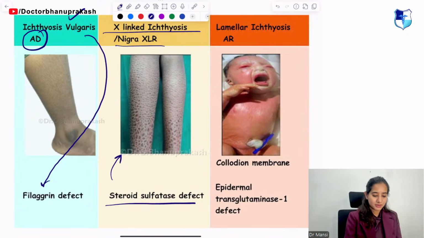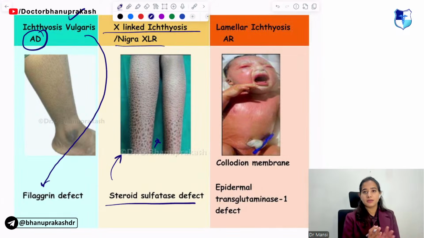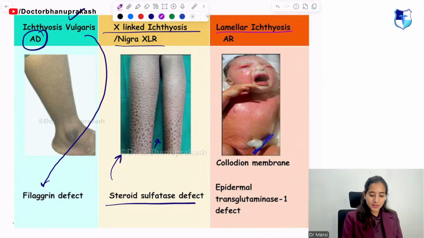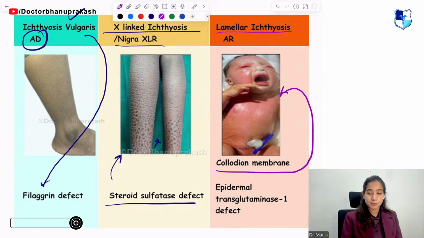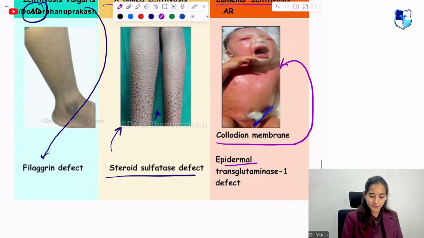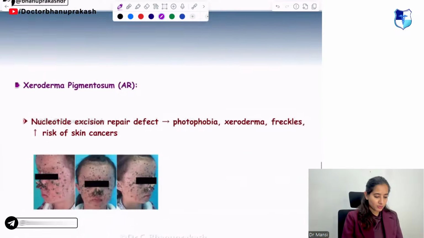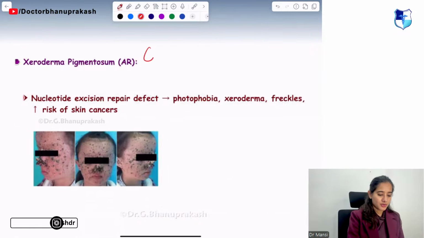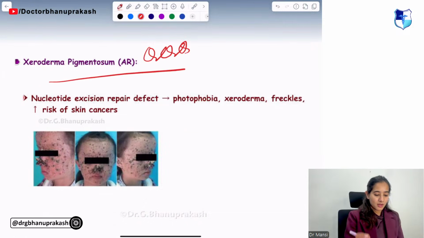So basically, this is just dry. If you want to understand it in one word, the skin is getting so dry. Lamellar ichthyosis is another, which is a collodion membrane. So this baby, most of the time they'll give you image-based questions for the same. Okay, and then we move to the important disorder, xeroderma pigmentosum.